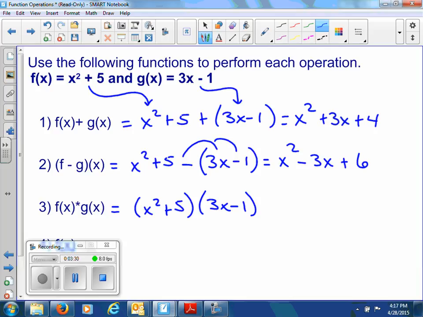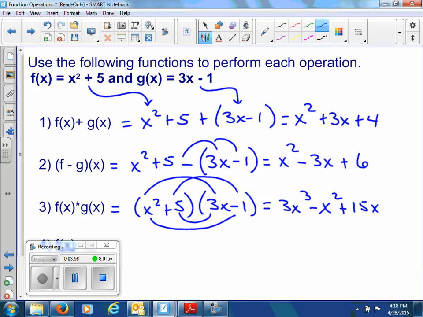So that's where we come into the distribution or FOIL, whichever you're comfortable with, or the box method if you want, where we're multiplying first, which gives me 3x cubed, outside, which gives me minus x squared, inside, which gives me plus 15x, and last, which gives me negative 5. This can't be simplified, so that's my final answer.